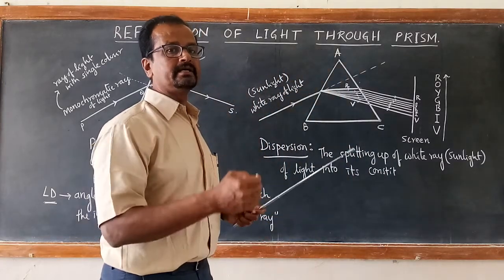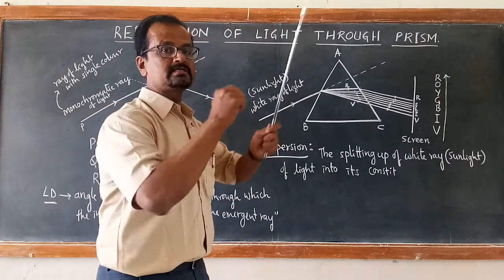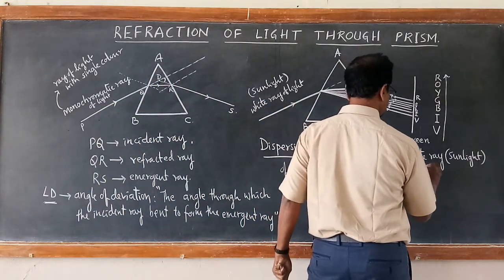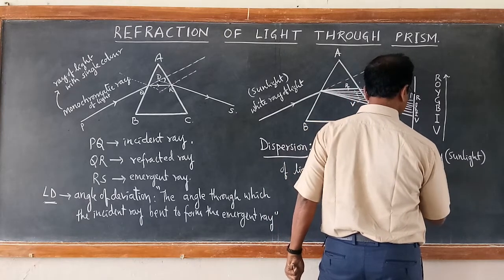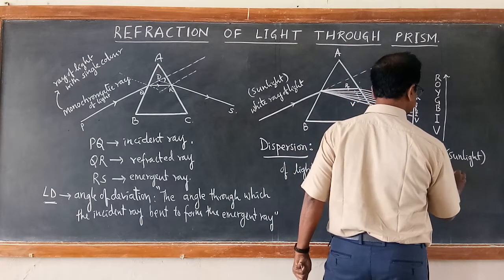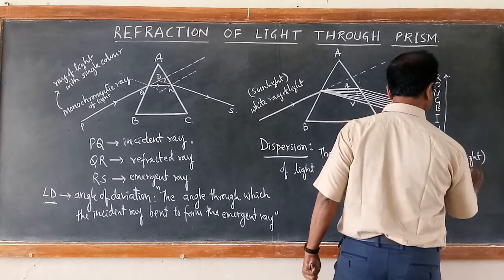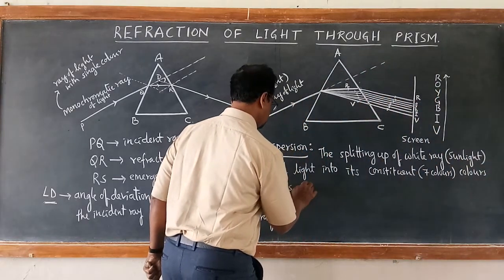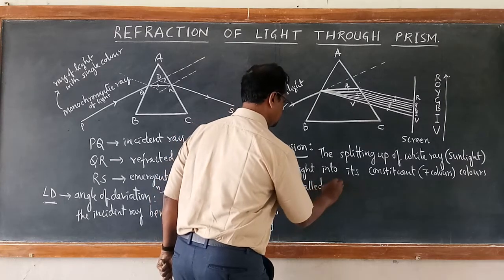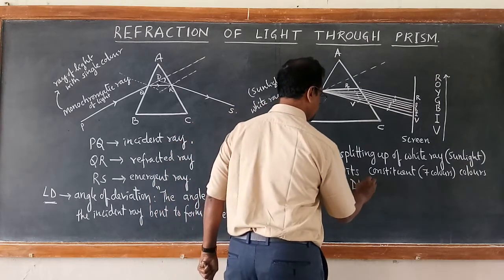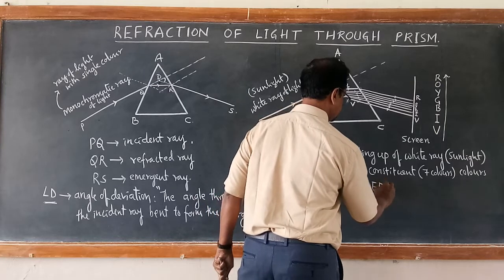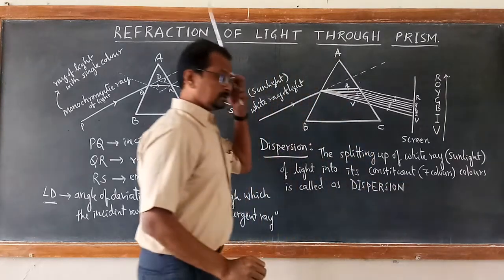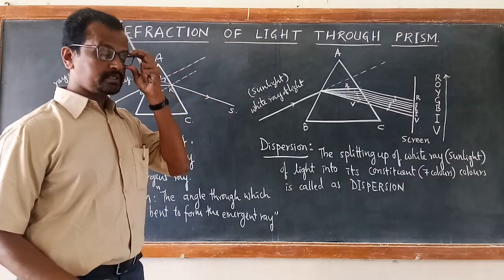Constituent means the ingredients. What are the colors which are there inside white? 7 colors. It is called as dispersion.